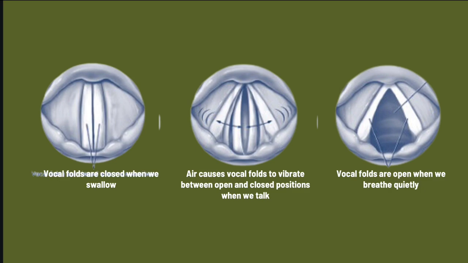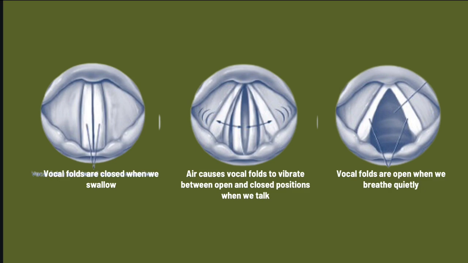The vocal cords can be drawn apart from each other, allowing air to pass freely through the opening between them without causing any vibration. When sounds are produced in this way, they are called voiceless sounds. An example of this would be the sound sa, as in snake.